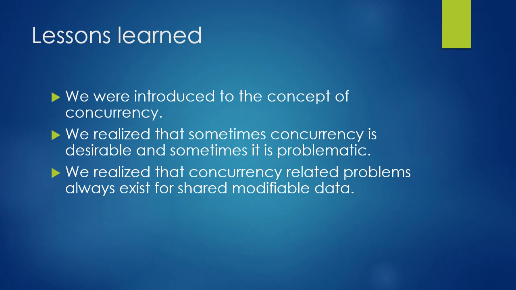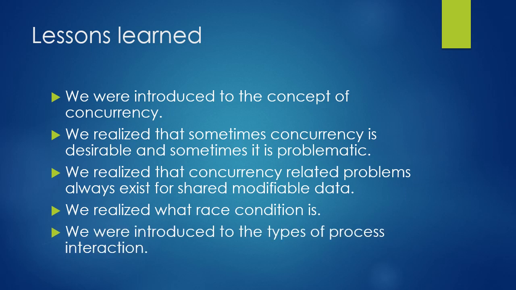If we have data that is read only, it cannot be written to, then we will not have any concurrency related problem to it. For a concurrency related problem to appear, the data has to have both properties. It should be shared and it should be modifiable. We realized what race condition is. We were introduced to the types of process interaction.